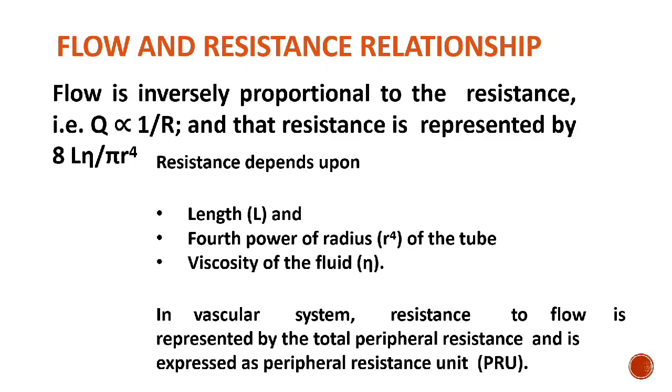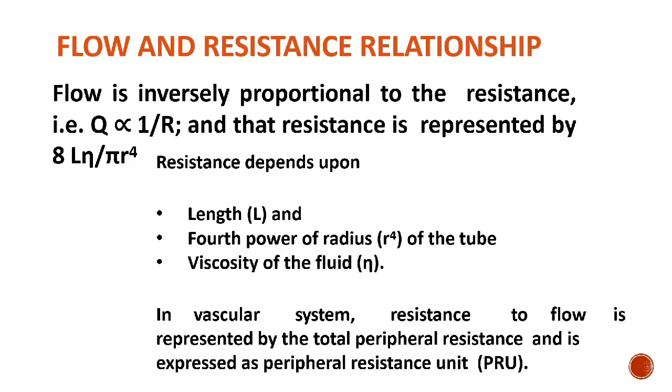So we have seen flow, pressure, resistance till now. Now we will see the flow-resistance relationship. Flow is inversely proportional to resistance, that is Q is equal to 1 by R, and resistance is represented by 8 times length times viscosity divided by pi R to the power 4.